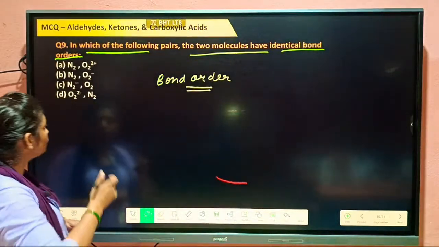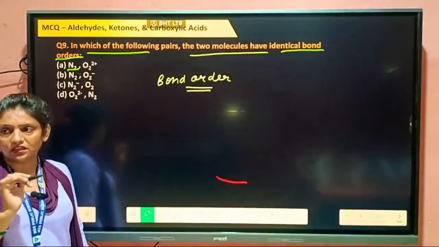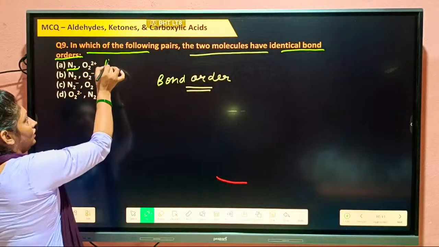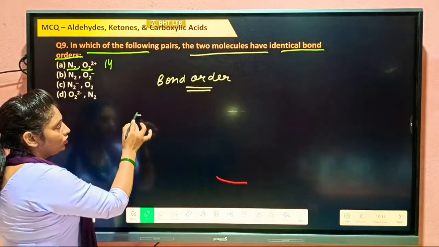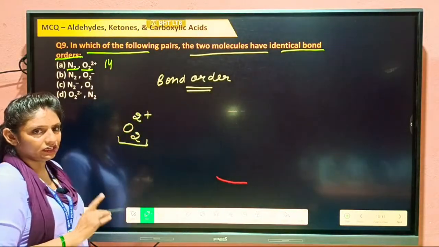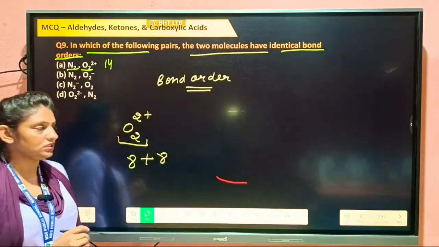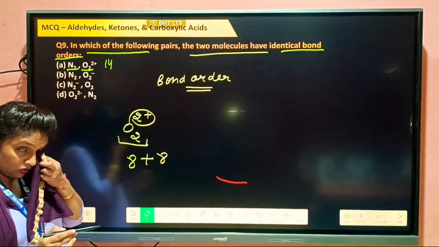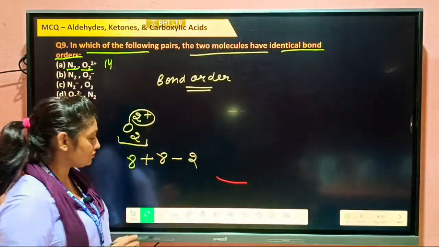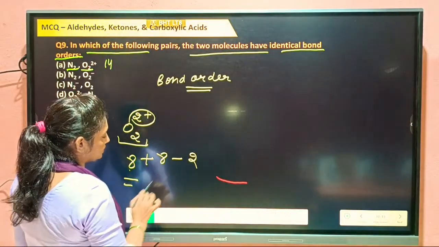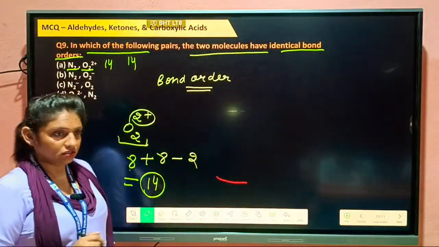Here in N2, how many electrons are there? 14. And in O2 2+, oxygen has atomic number 8, so electrons are 8 plus 8. But 2 positive charges means it is losing 2 electrons, so we subtract 2. 8 plus 8, 16 minus 2, 14. Here also 14. Clear or not?